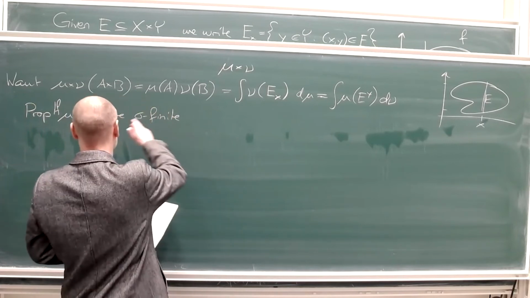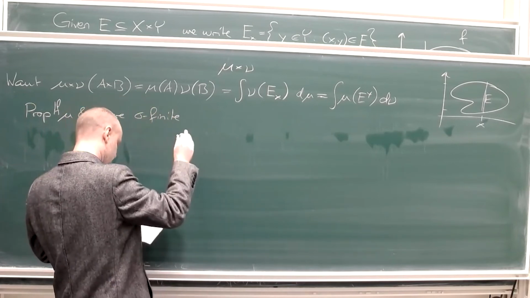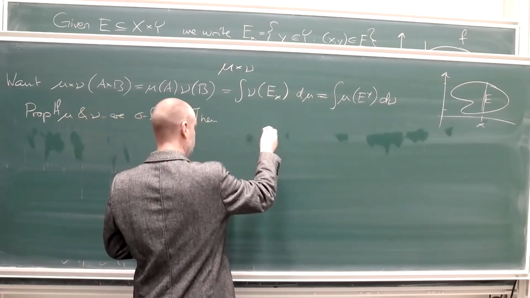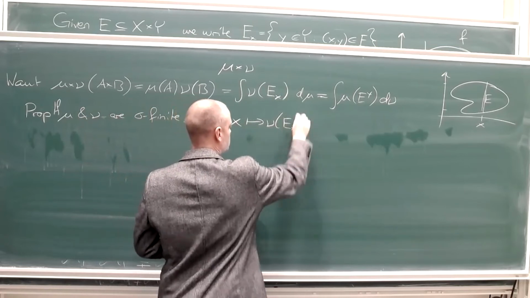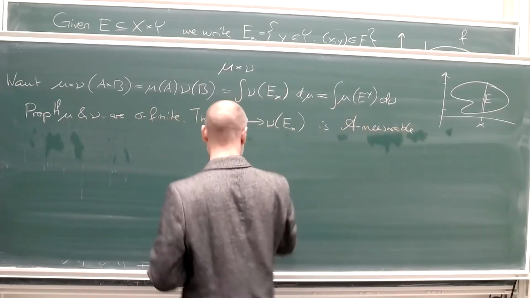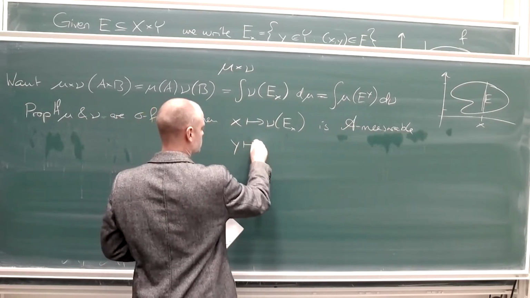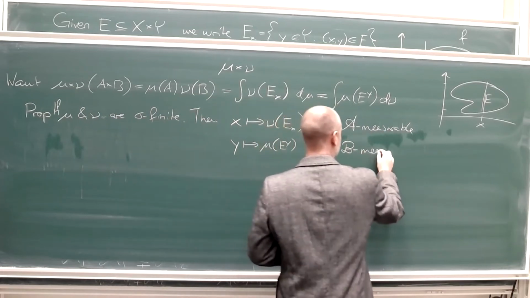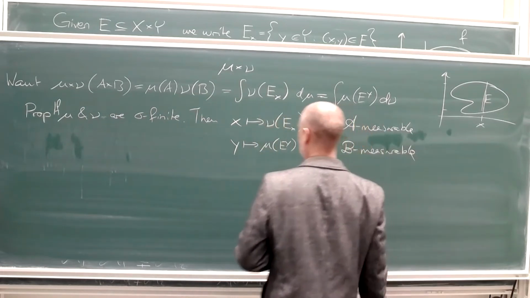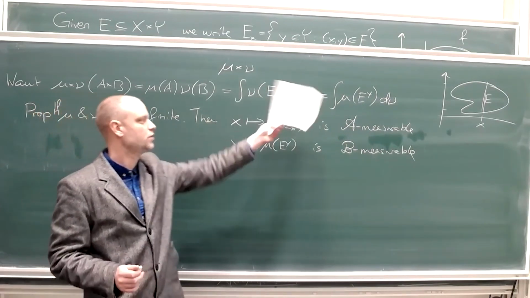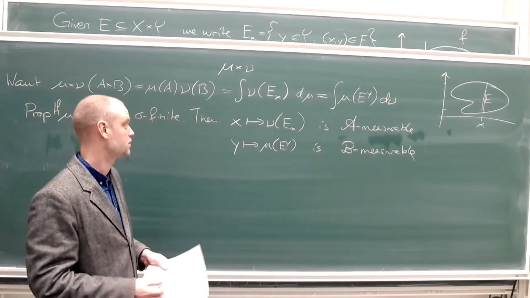Okay, but as long as they are sigma finite, these guys are measurable, so at least these two formulas here make sense.